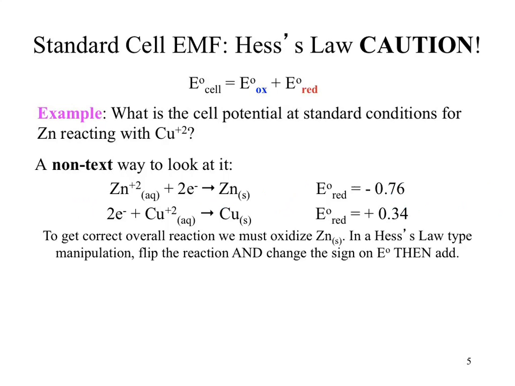So as far as solving problems, this is kind of a non-textbook way to address it, by the way. We'll look at the textbook way in a second. We could go through and look up the cell potentials for each of these reactions. First off, zinc ion to zinc metal. What happened? Oxidized or reduced?